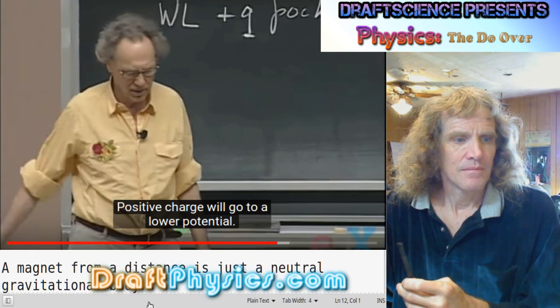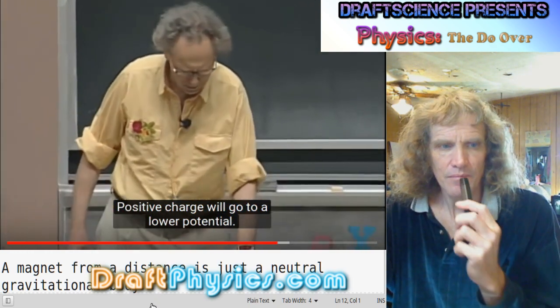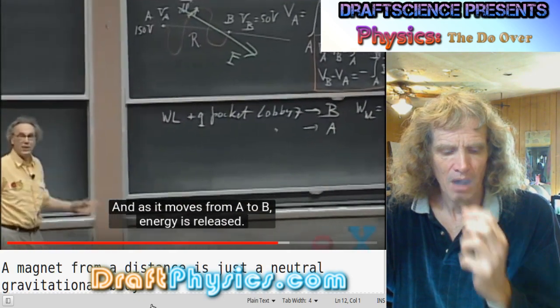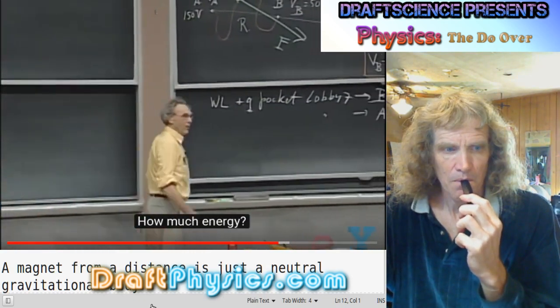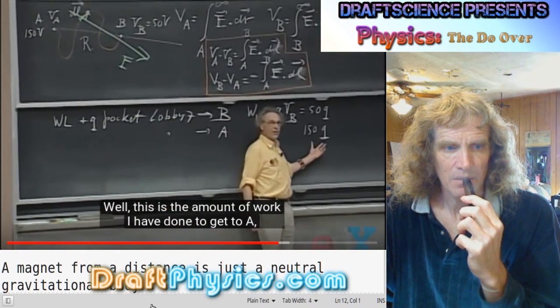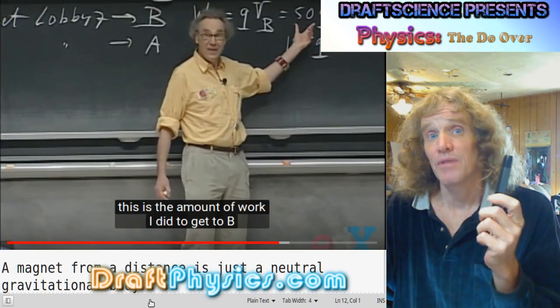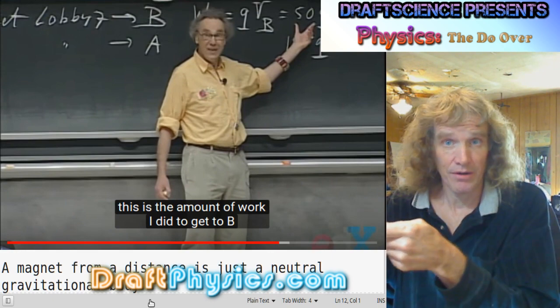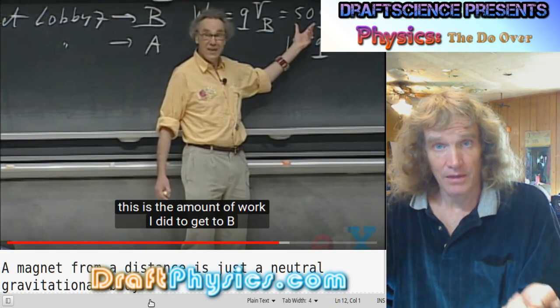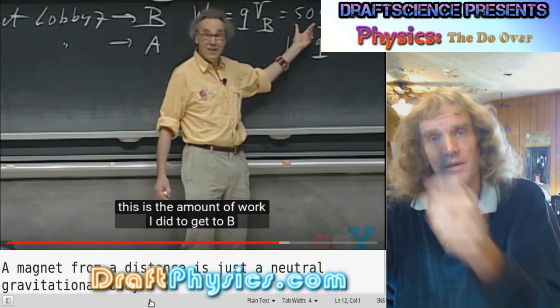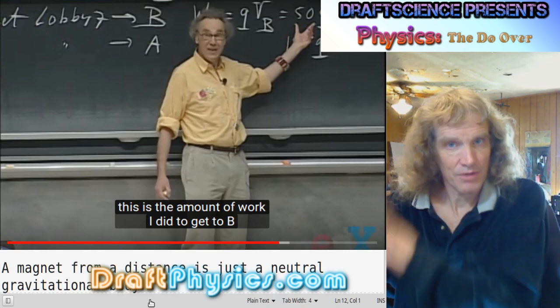Will go to a lower potential. And as it moves from A to B, energy is released. How much energy? Well, this is the amount of work I have done to get to A. This is the amount of work I did to get to B. So again, it's not released, it's shared. That's why you need a conductor, because it has to be shared from one atom to another atom, to another atom, to another atom.